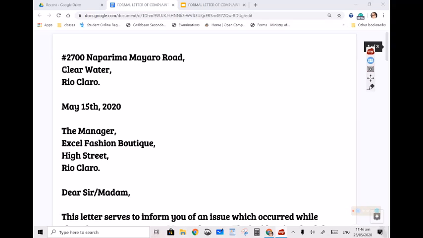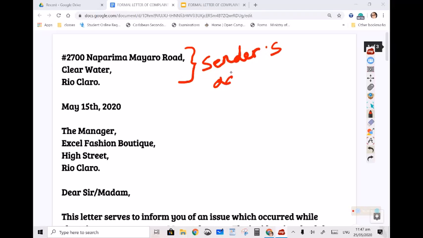If we remember the slide that we did before, we have here the sender's address. So this would be your address, and then you skip a line, then we would have the date.